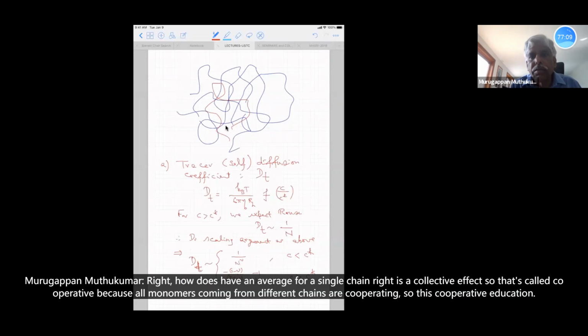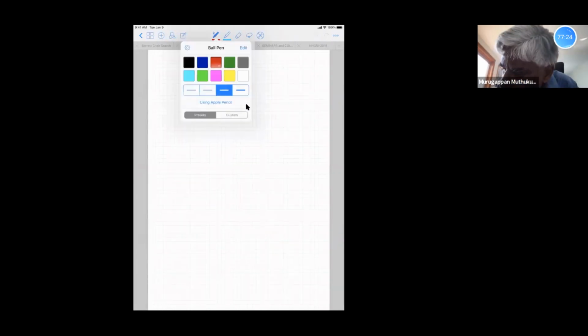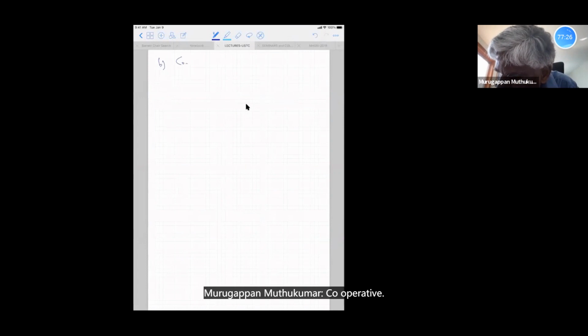This is a collective effect, so that's called cooperative, because all monomers coming from different chains are cooperating. So this is called cooperative diffusion.